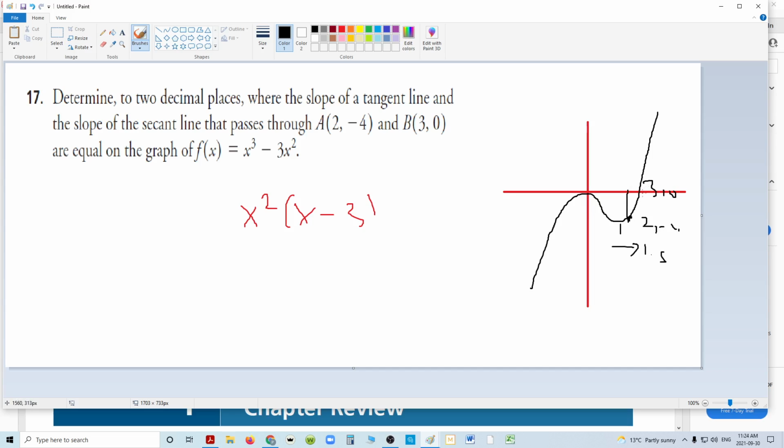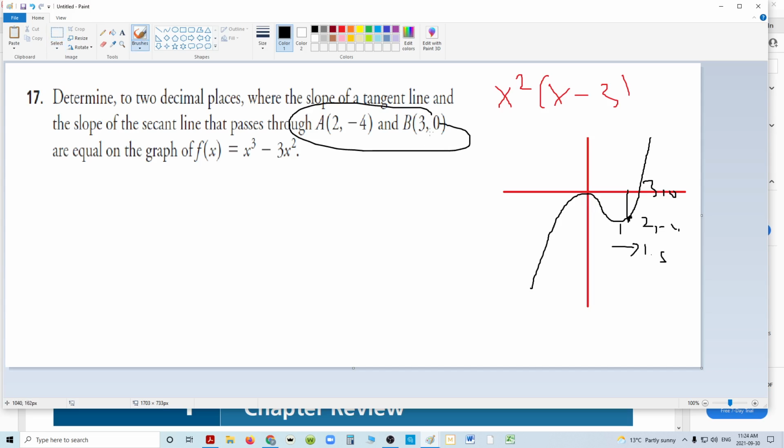And the points 3, 0 here. So they're interested in the secant, the slope of the secant line. Well, between 2 and 0, I'm going to guess that the equivalent tangent line is going to be 2.5x. But let's just find the slope of this line first. So we'll just put this aside. Just helps us to understand the graph and what we're looking at.